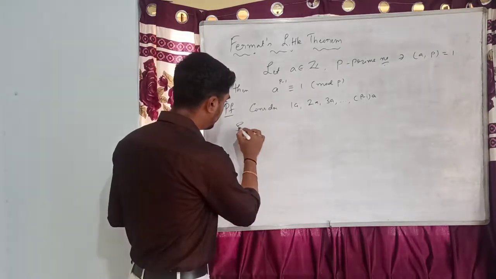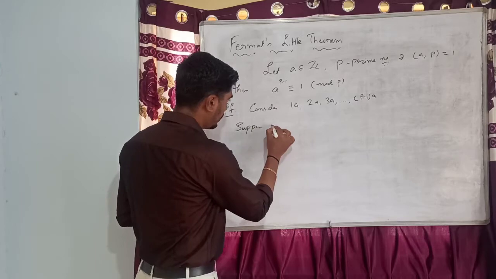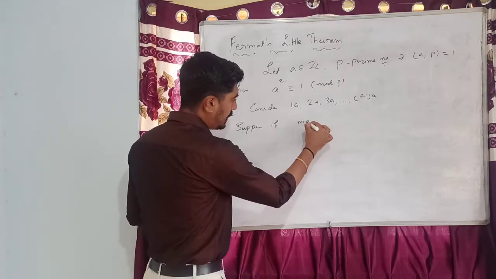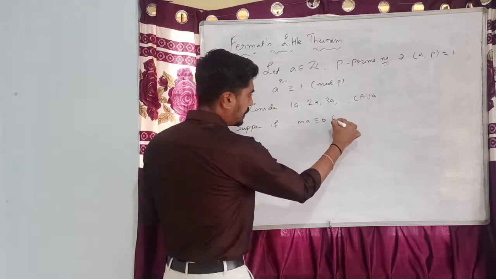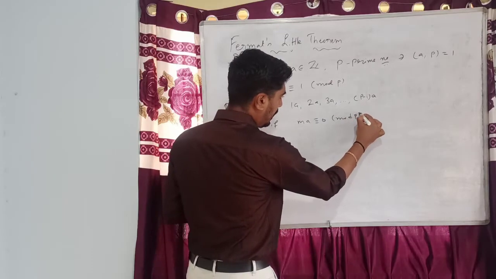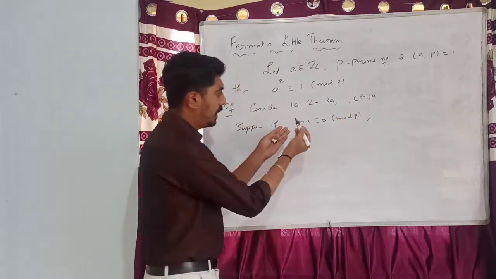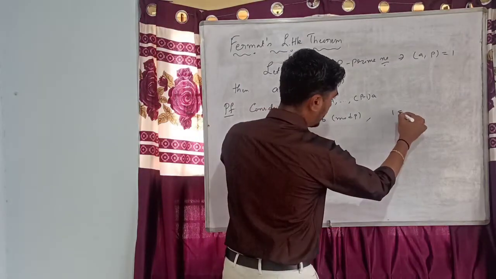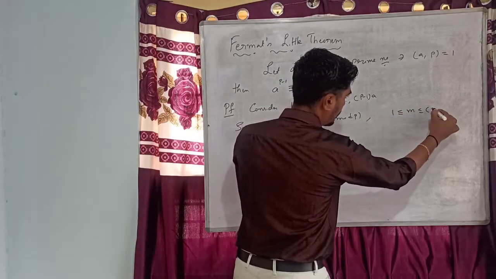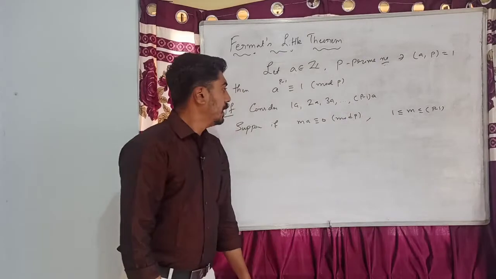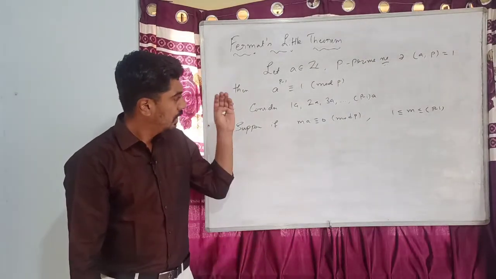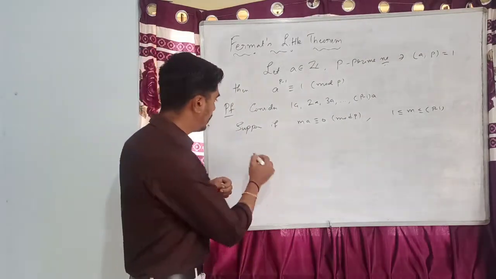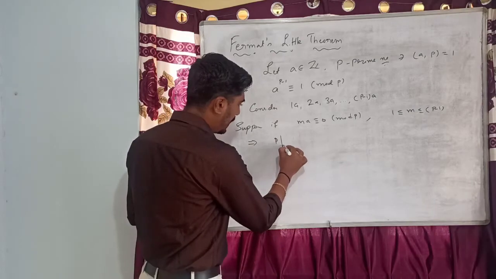Suppose ma is congruent to 0 modulo p, where m is an integer between 1 and p minus 1, that is 1 less than or equal to m less than or equal to p minus 1, then by the definition of congruence, we should have p divides ma.